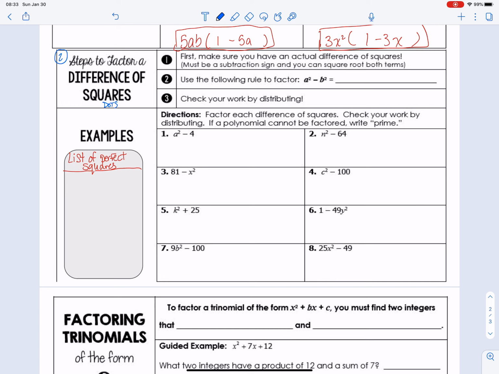Before we get started with this method, I just want to remind you what the perfect squares are, because this will be important for this method.